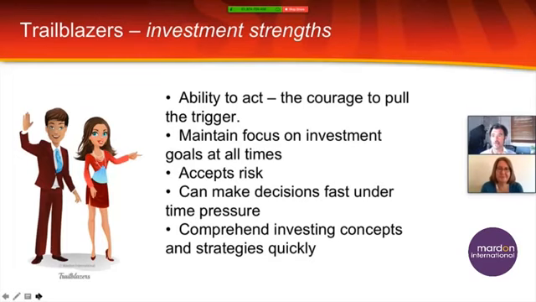Now, by the way, that ability to act, the courage to pull the trigger, even though we're looking at it now as an asset, we'll soon see that it can be its opposite. Okay? They tend to maintain focus on investment goals at all times. Trailblazers are very focused because of that warrior and achiever subpersonality that makes up this profile. They just keep going no matter how tough it is.